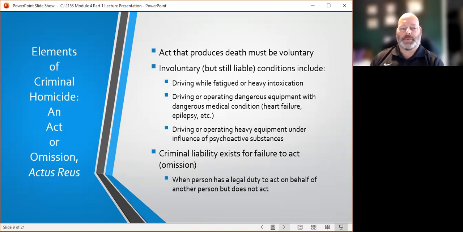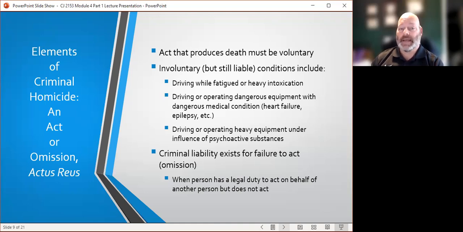The elements of criminal homicide include that there be an act or omission of an act, in terms of the actus reus that we spoke about in previous modules. The act that produces death must be voluntary.